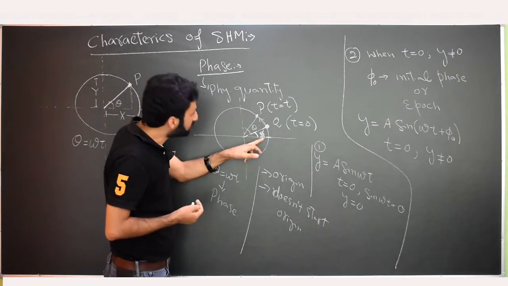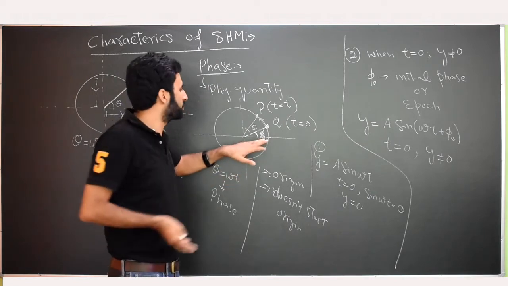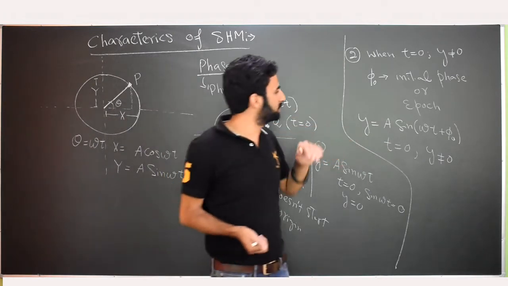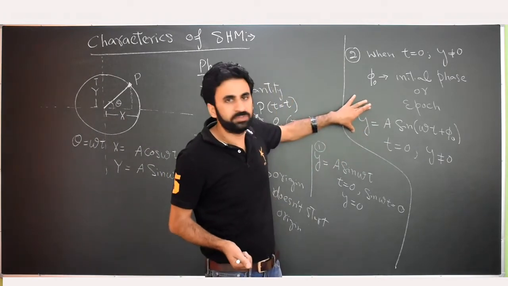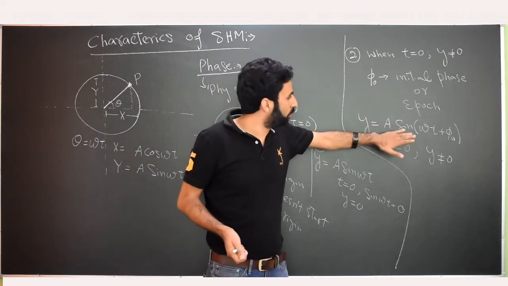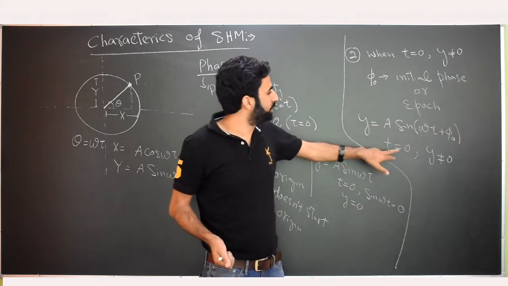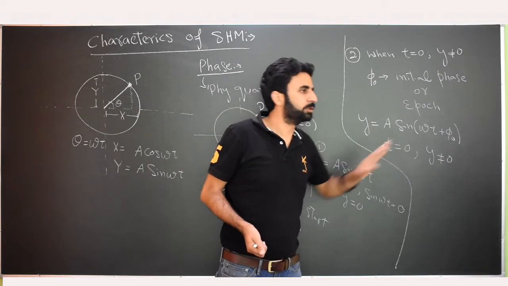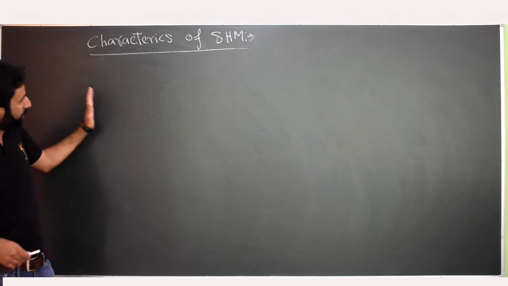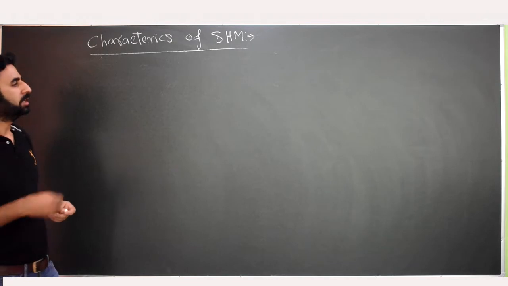This angle, or this much of phase which the particle initially has when you have started analyzing the process, is known as epoch or initial phase of the particle. Under those circumstances, we can write the displacement equation for a particle executing simple harmonic motion as y equals a sine of omega t plus phi 0, because whenever t is equal to 0, y will not be equal to 0.